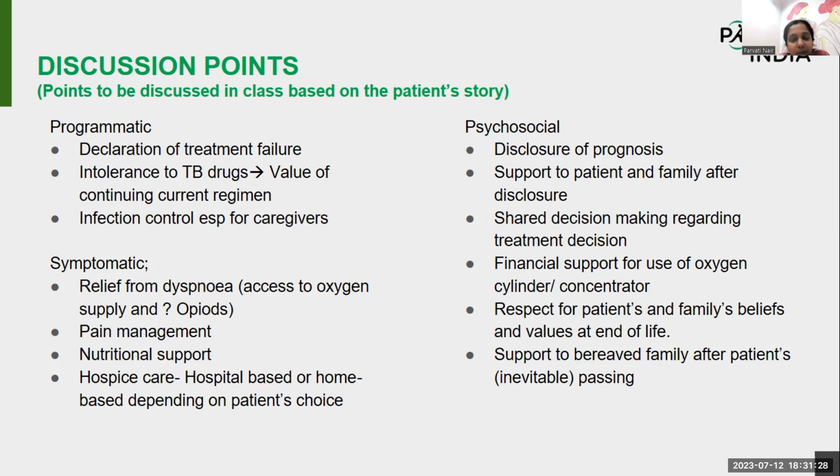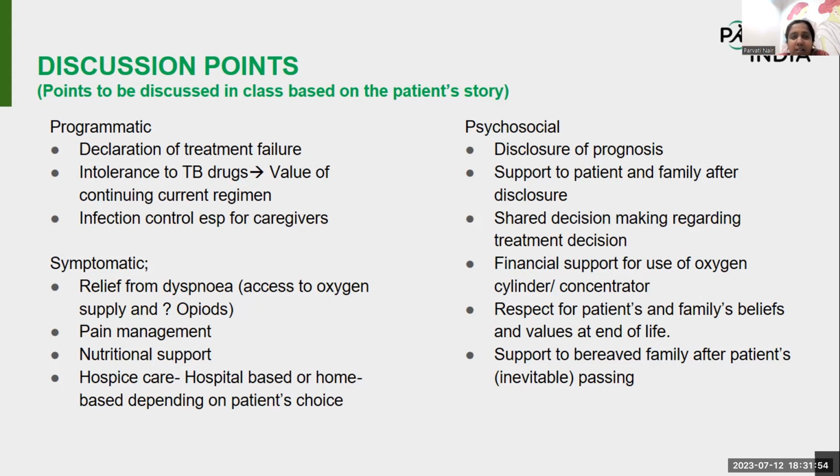Oxygen concentrators are very expensive electricity-wise, and these patients usually are from the lower socioeconomic status, so it becomes difficult for them. So what we try to do is connect with trusts or people who can help support the cost of the electricity bill.